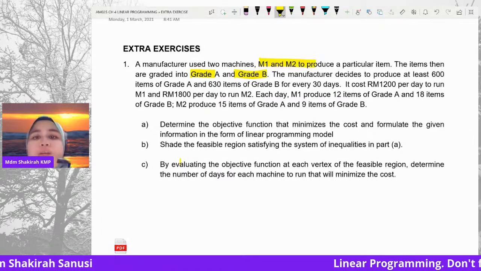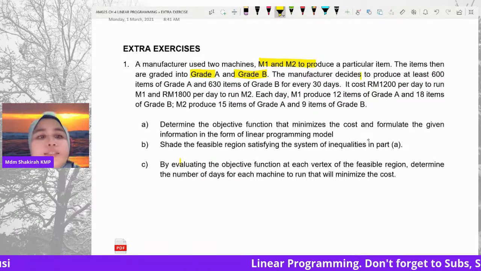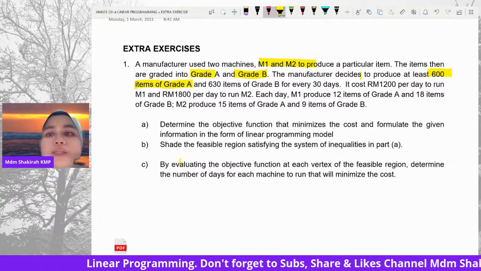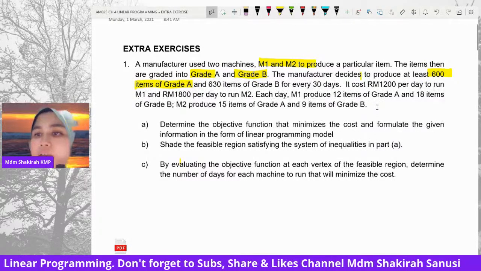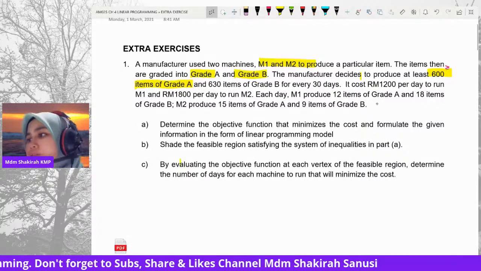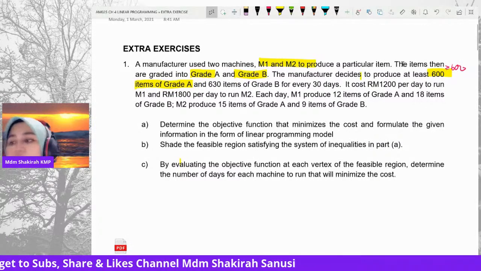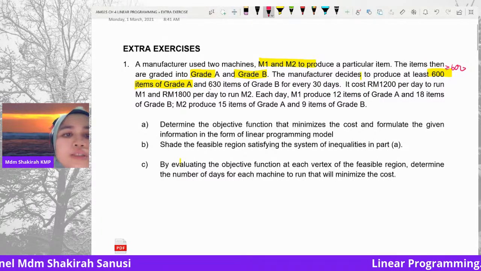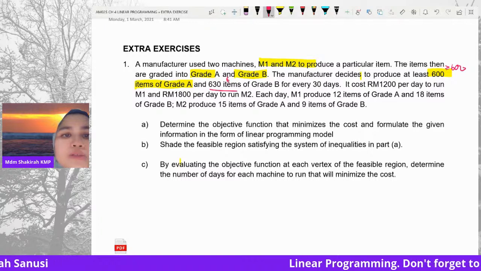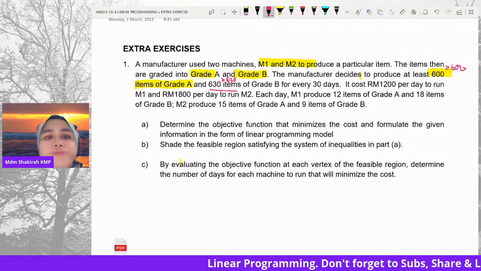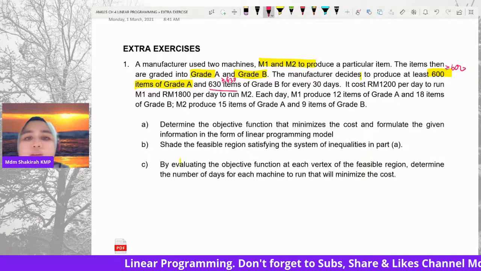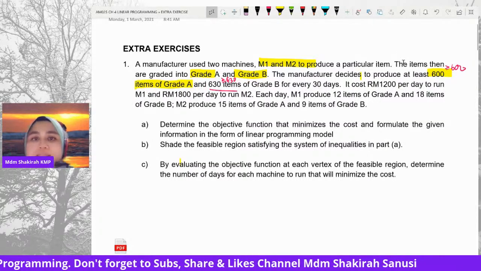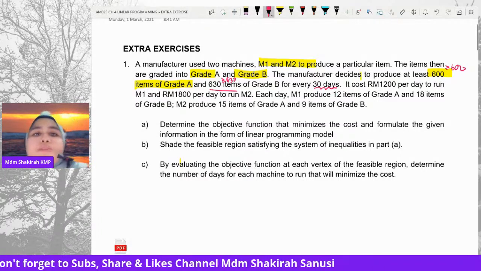The manufacturer decides to produce at least 600 items of grade A. Okay, kalau you nampak kat sini kan, sebenarnya awak dah boleh catat dah. At least. Walaupun kita tak tahu lagi 600 tu untuk apa. X ke Y ke kita tak tahu lagi. Conteng je dulu. 600. So that's mean greater or equal. For every 30 days. Kenapa dia sebut 30 days kat sini?